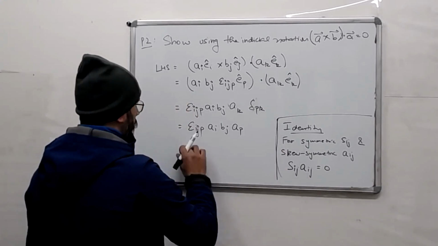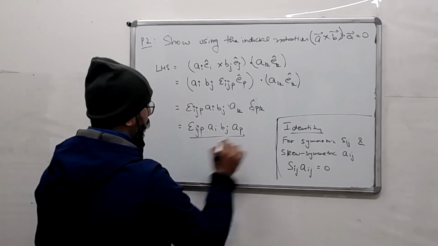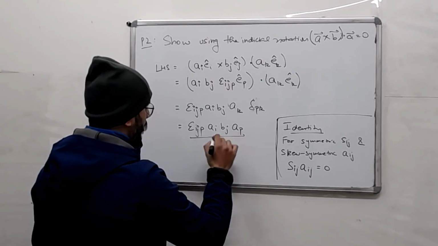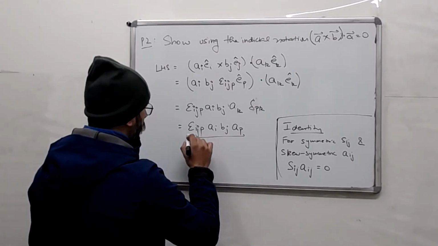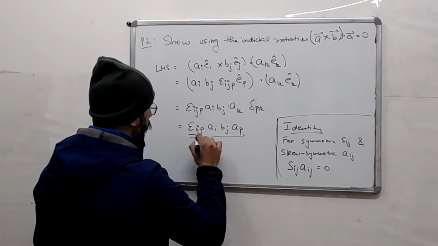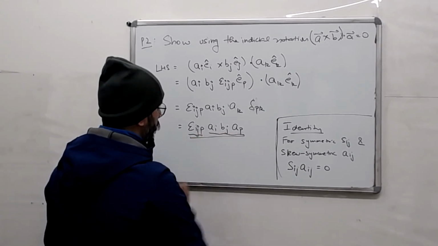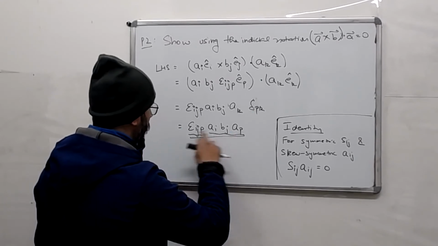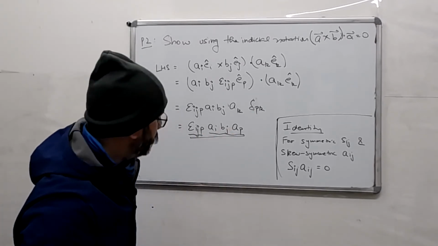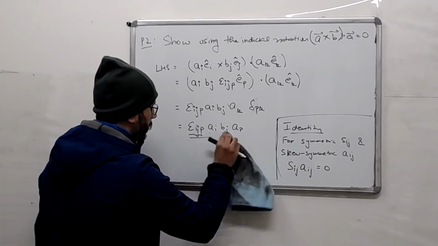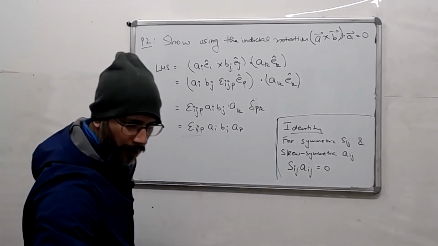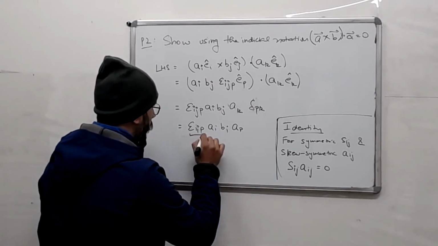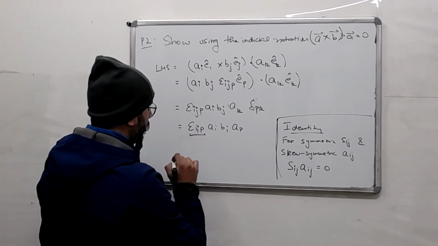So in this case, if I look at this expression, I can call these two third order tensors, well, not really third order, because p is repeated, so I shouldn't call it third order. Let's look at epsilon.